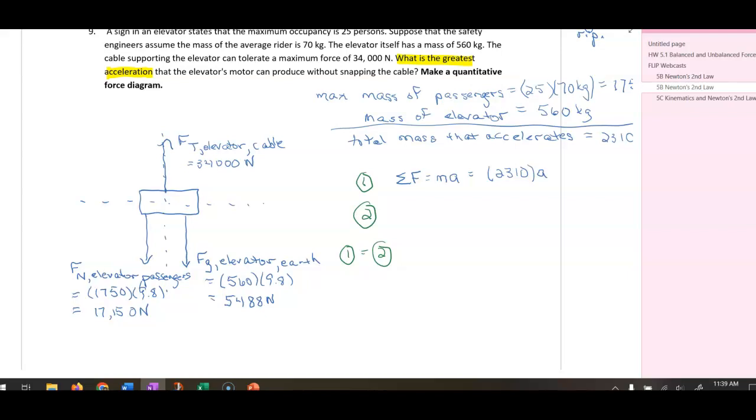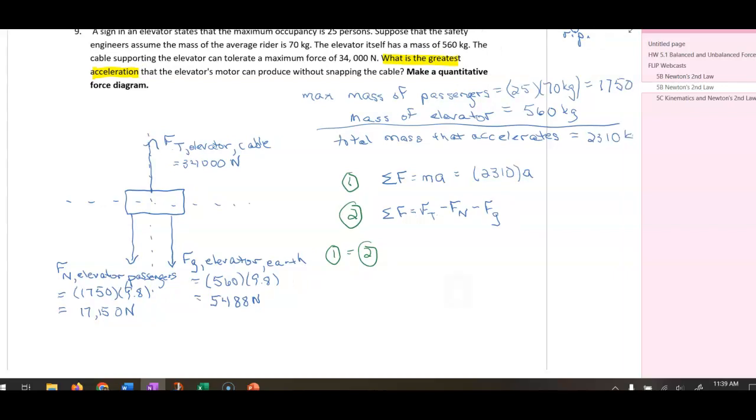The other equation, I'm going to look at my force diagram and add those. I've got three forces. I have to add them to find the sum of all the forces on the elevator. So I add the tension force because it points up. But then I'm going to subtract both the normal force and the gravitational force because they both pull down.